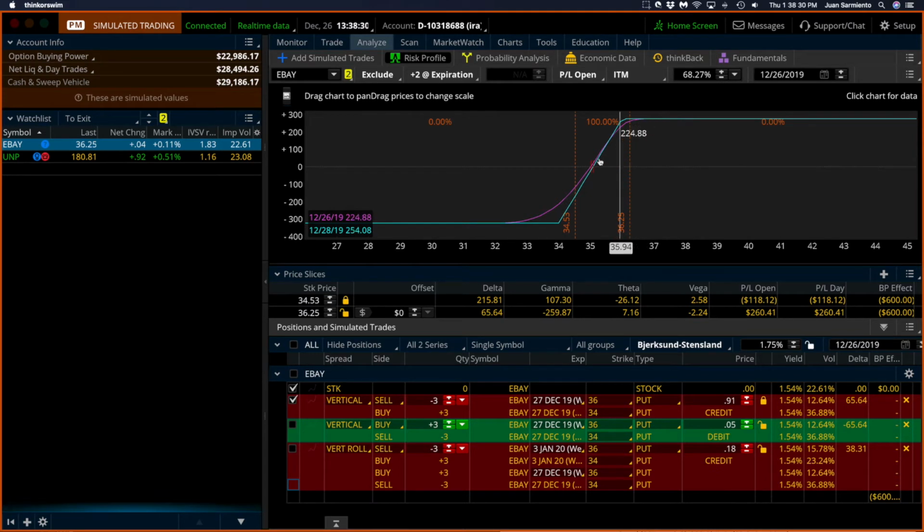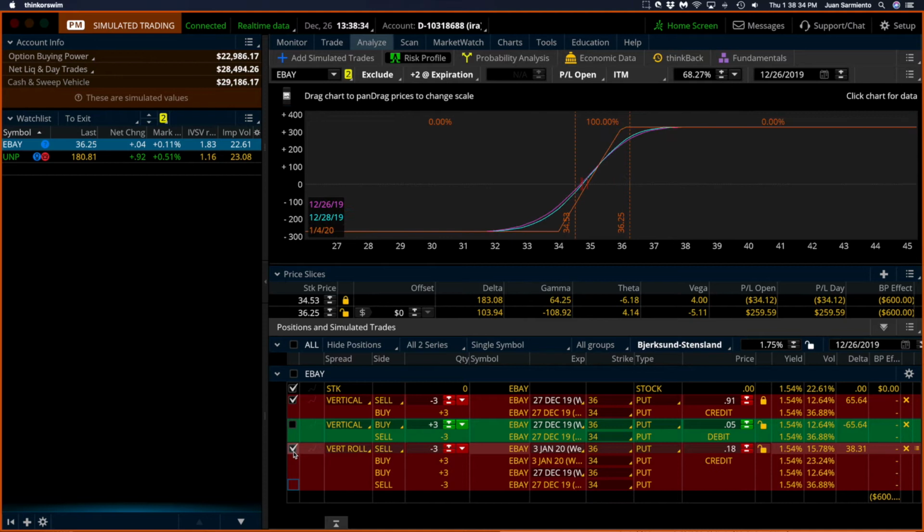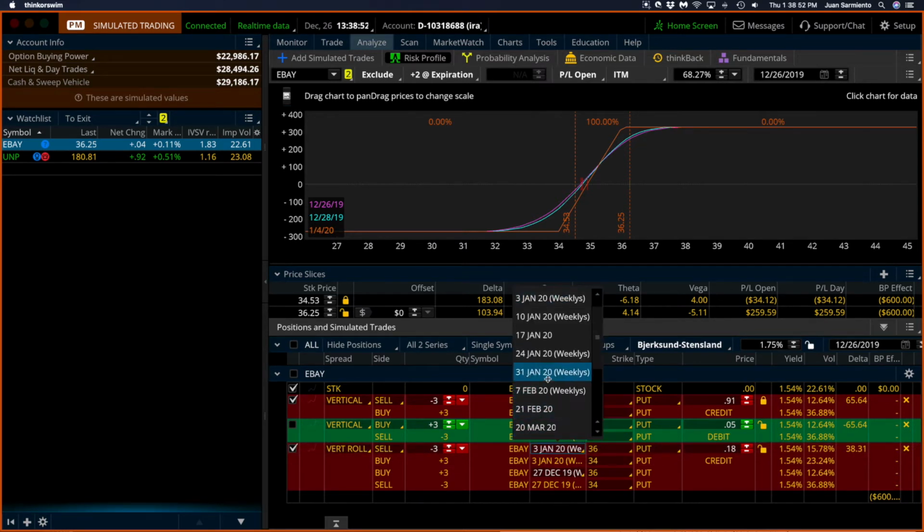I don't want to risk it, but I want to give myself some time, and here's what I would do: a rollover to January the 3rd, that's 18 cents to essentially gain a week. No, I like to do this to January 31st.